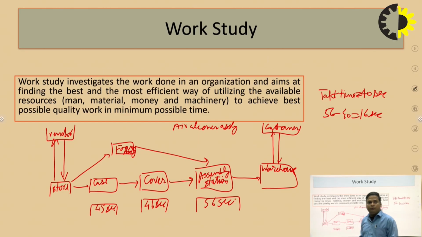So what can we do? We have the machines at different places, so we can group all these machines together. The case and cover machines are normally automatic machines, and if they are fully automatic, it is very hard to reduce their cycle time. So we can work on the assembly station area.